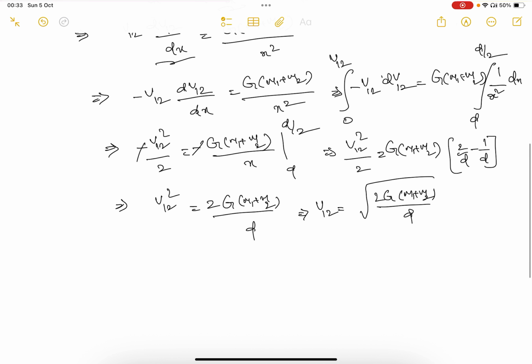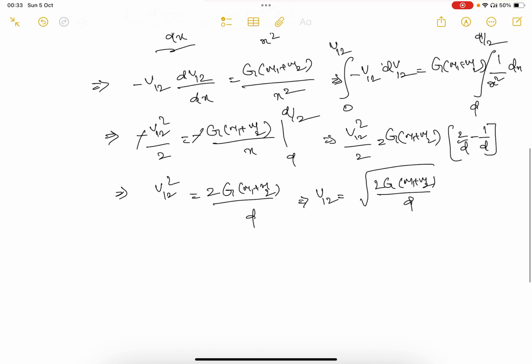Here v12 is the relative velocity between these two bodies, right? As here the net external force is equal to Newton's second law, dp by dt. As there is no net external force acting on the body, this is 0. If dp by dt is 0, then p is conserved, right?